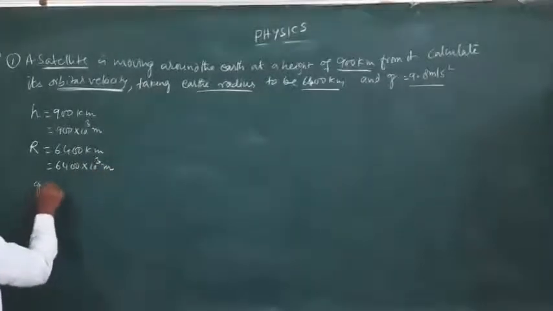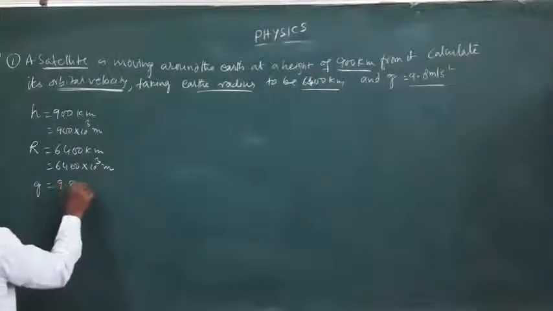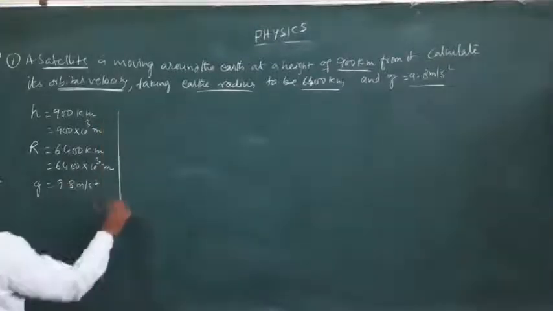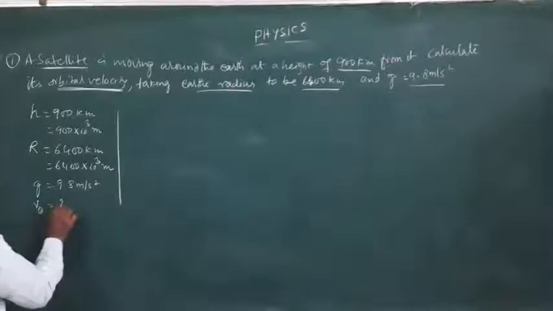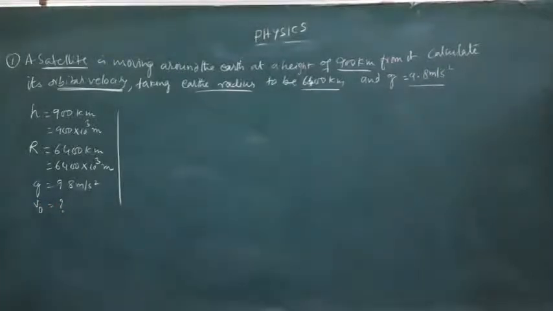And the g value is given, which is 9.8 meter per second square. These values are given, and you have to calculate V naught, the orbital velocity.